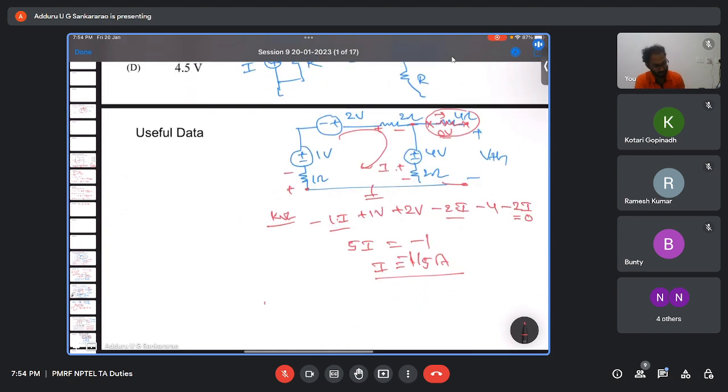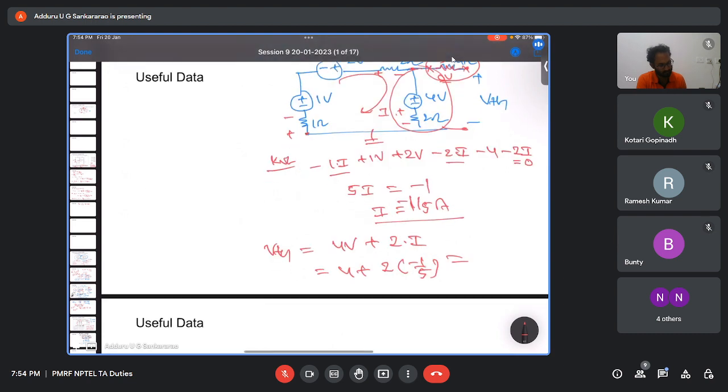Now what is VTH here? Since the 4 ohm is like a dead one, VTH is nothing but the voltage across this branch. So 4 volts plus 2 into I, where I is minus 1 by 5.